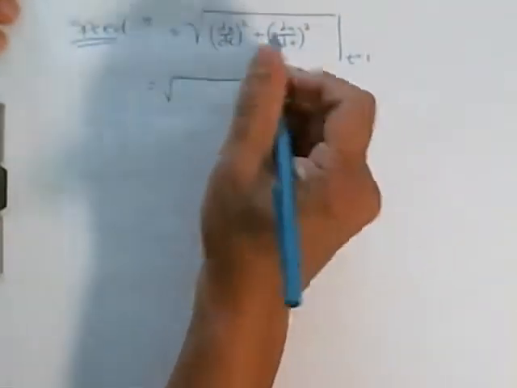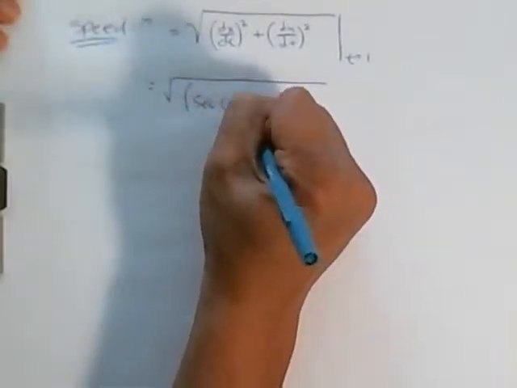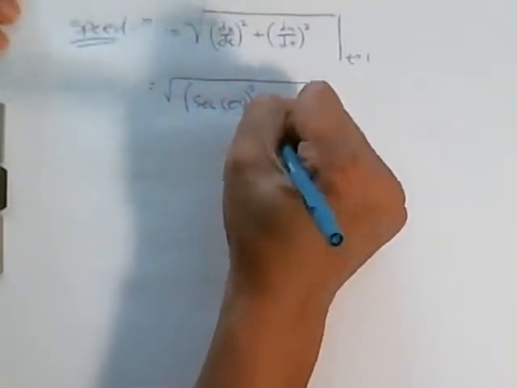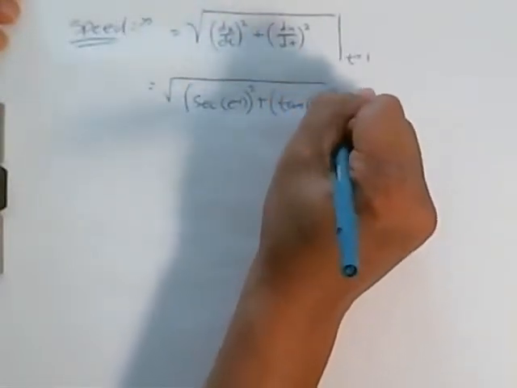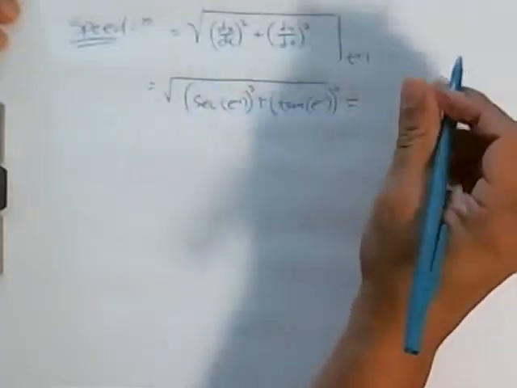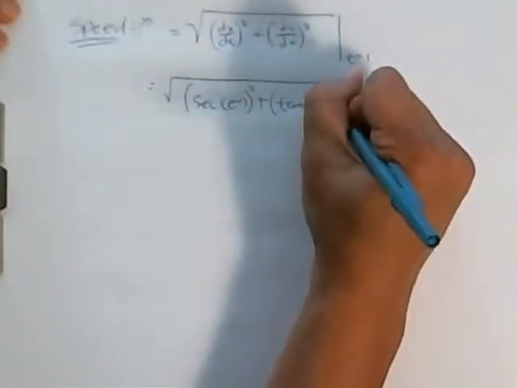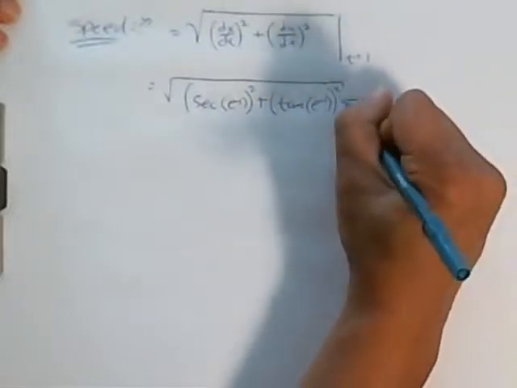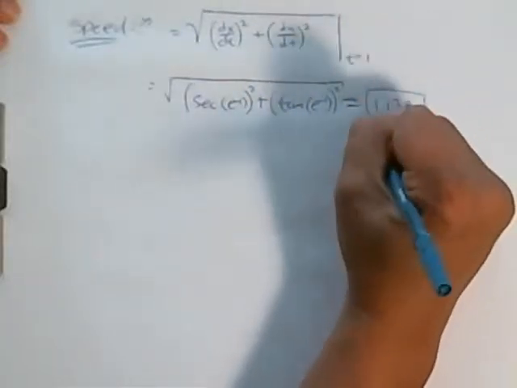And so it's the square root of secant of e to the minus 1 squared plus the tangent of e to the minus 1 quantity squared. I pre-did that on my calculator, and that should be approximately 1.138.